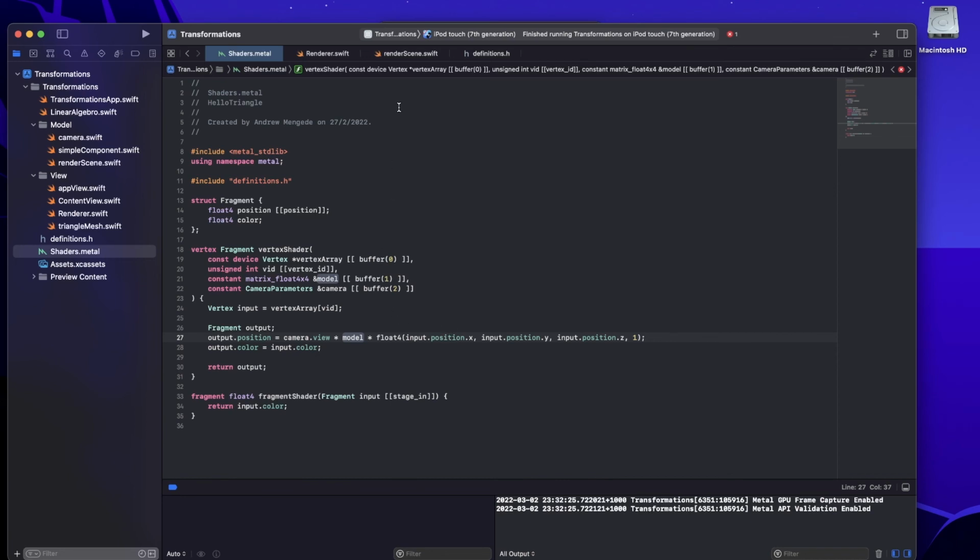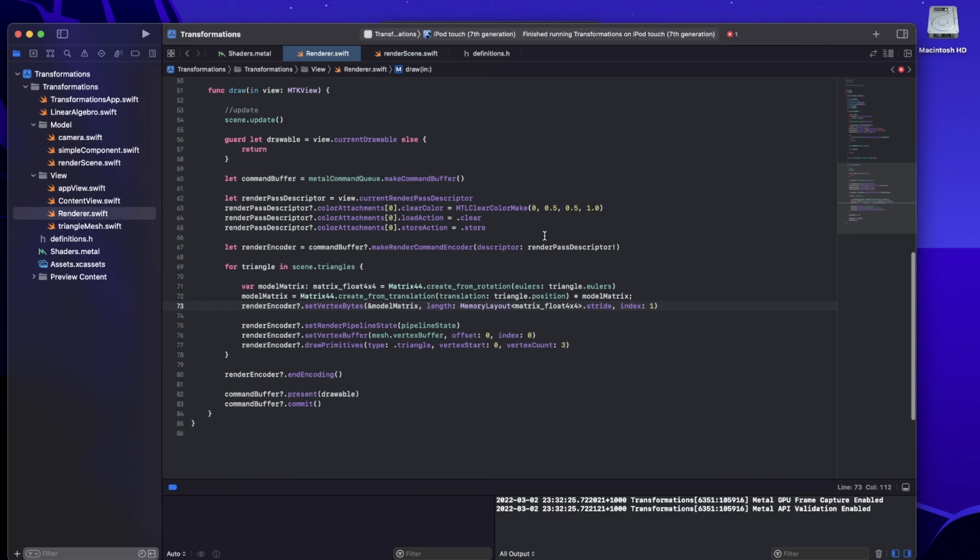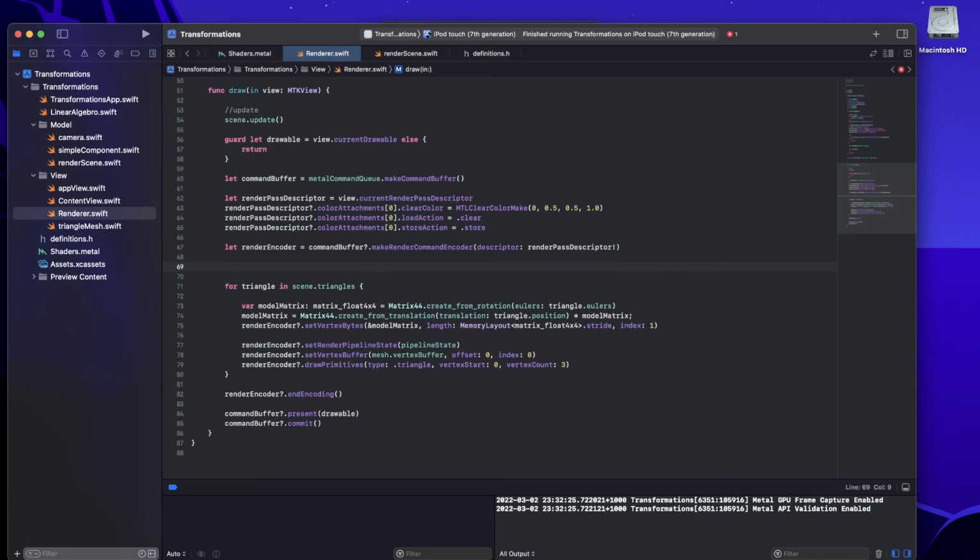Okay, cool. So now what we want to do is go into this. And the camera is kind of set once each frame.